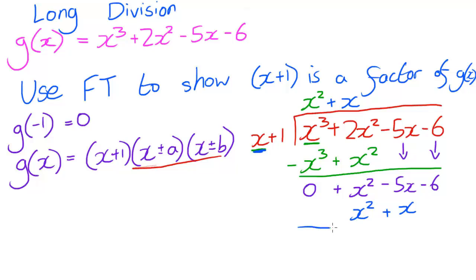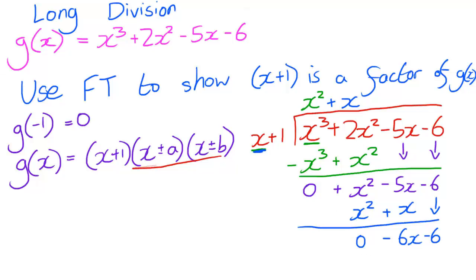And then do another takeaway. We do this as many times as we can until we get zeros all the way down here, and we end up with nothing left. And we'll end up with a quadratic on the top as well. So x squared minus x squared is 0 again, then minus 5x take away an x is minus 6x, and then this just carries down, so we get a minus 6 in there.